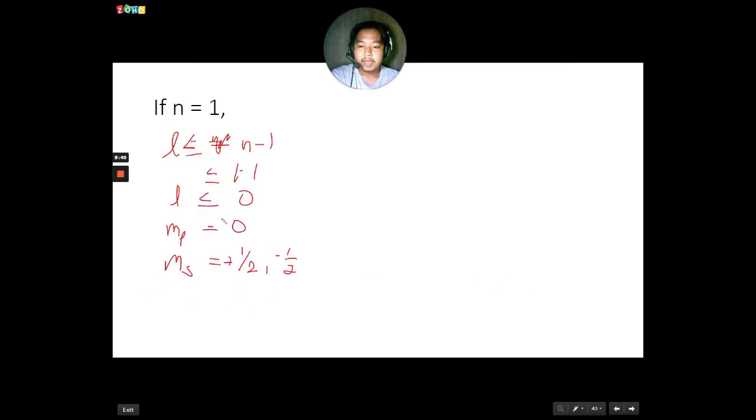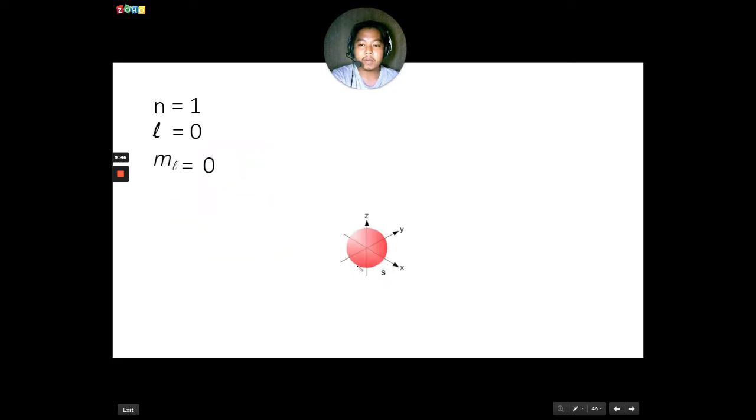Meaning, in this case my orbital is 0. And 0 corresponds to what shape or orbital? It corresponds to S. If I put it in an illustration, not an exact drawing, this is my orbital now. The S can contain two electrons, either spinning upwards or spinning downwards.